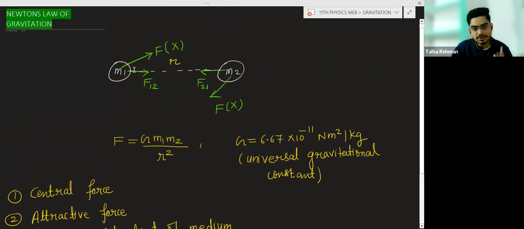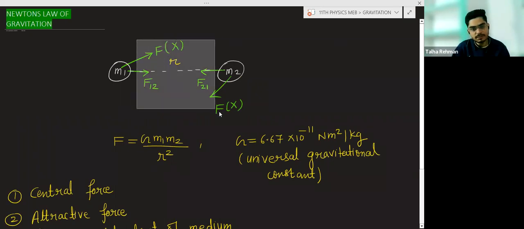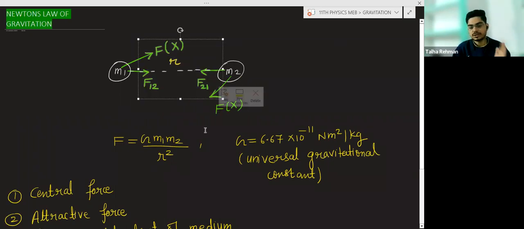Suppose these are two masses in air. Suppose you have placed some object in between these two masses, or filled some material in between them. The magnitude of the force will remain the same. This force will not be affected by the medium.